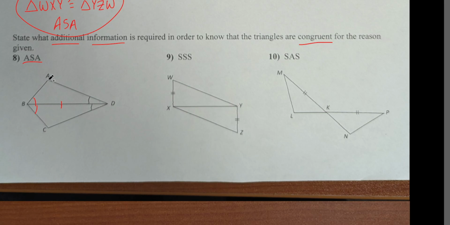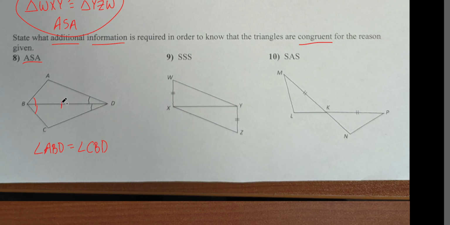Angle ABD, right? So I got to go angle ABD would be equal. What's this angle down here? Since I went A first, let's go C, B, D. Angle CBD. Does that make sense? That's the additional information. That thing in red, right here and right here.